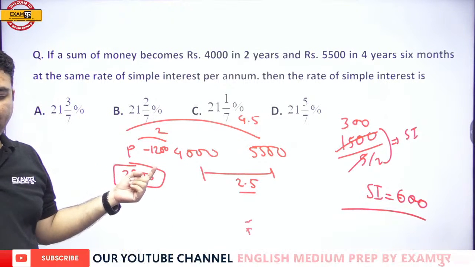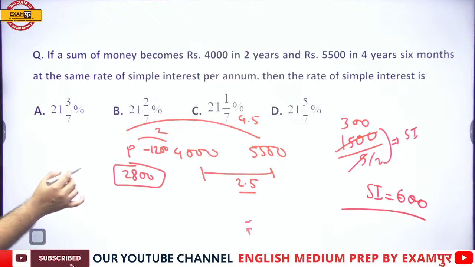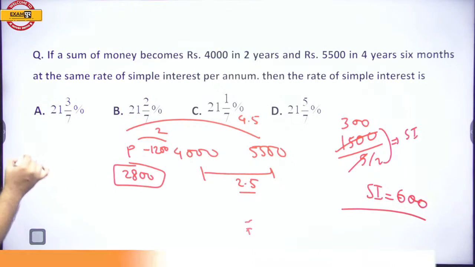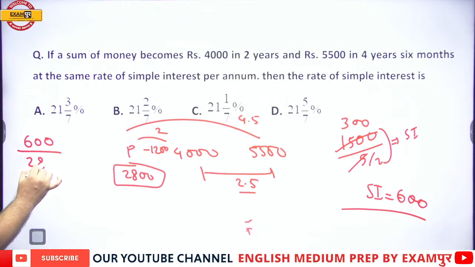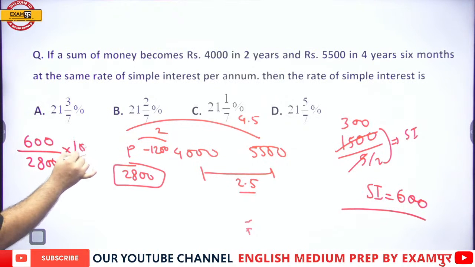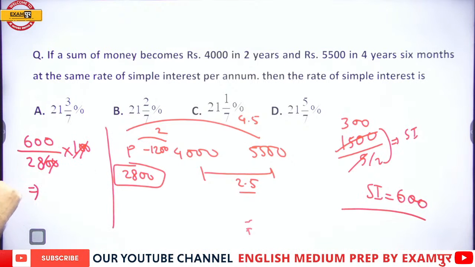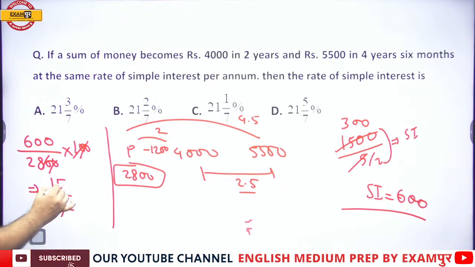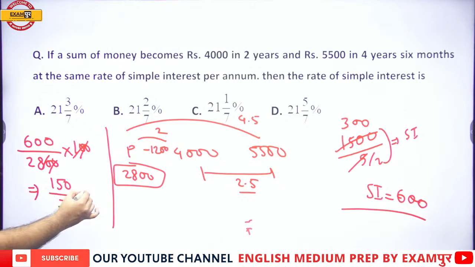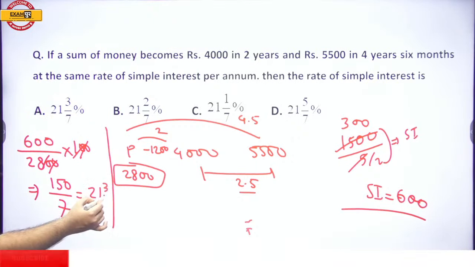How much interest you got? 600. 600 interest over the principal of 2800 into 100 is the rate. 21 3/7.